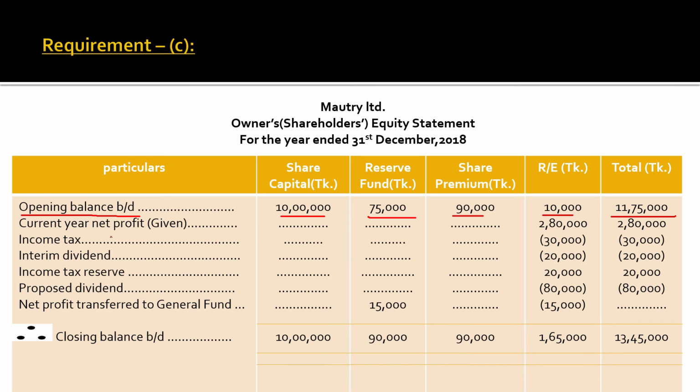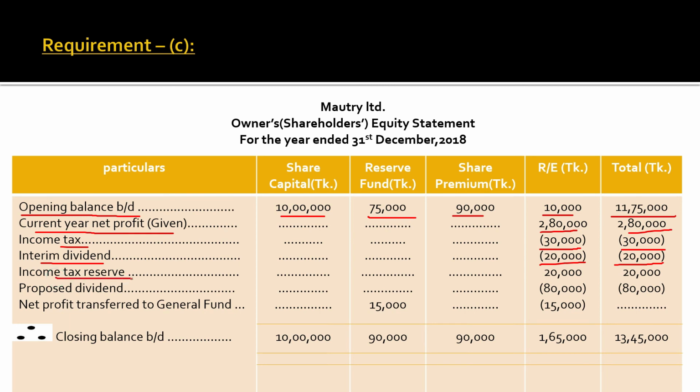Plus current year net profit 2 lakh 80,000 taka will be added to retained earnings and also to total amount column. Now income tax will be deducted from retained earnings column and also be deducted from total amount column. Interim dividend also will be deducted from retained earnings column and from total amount column.